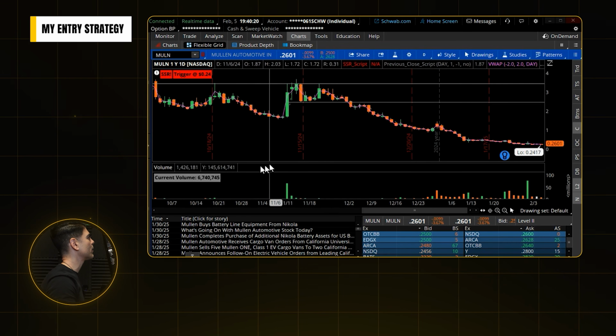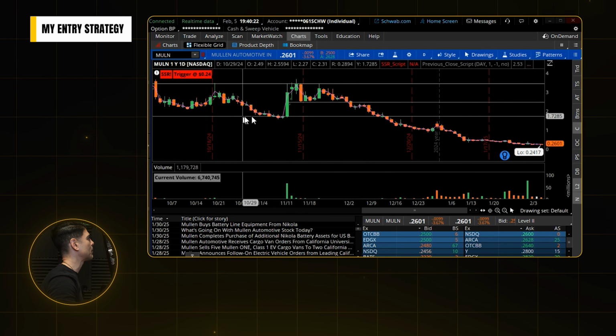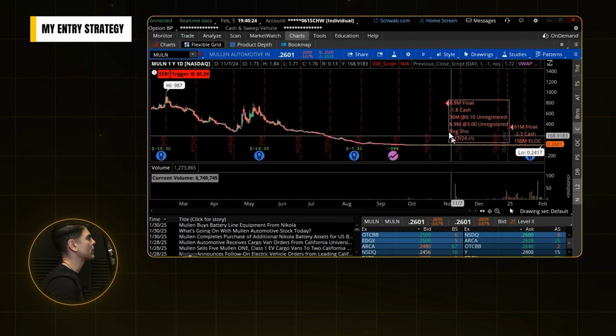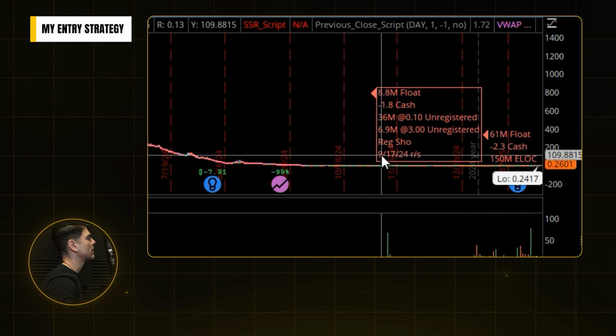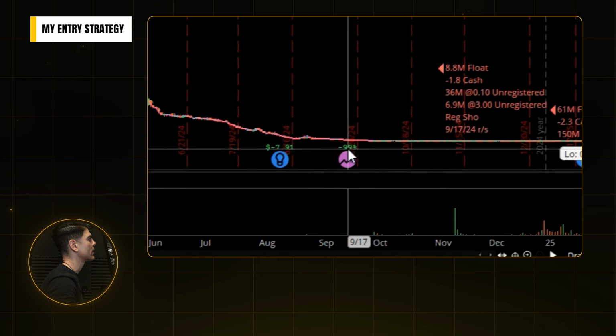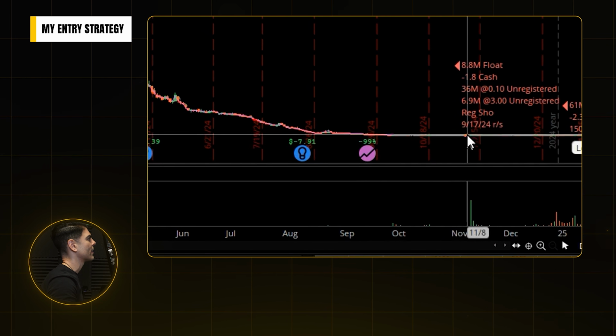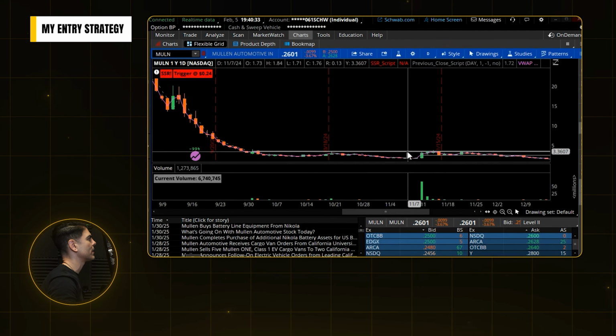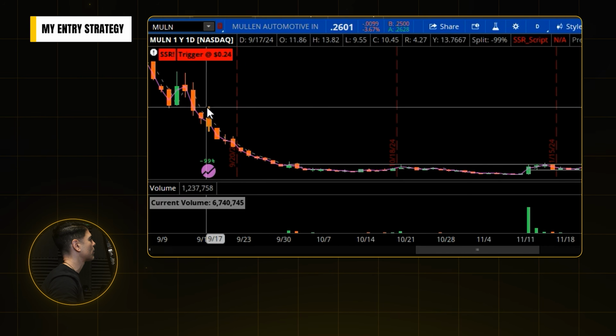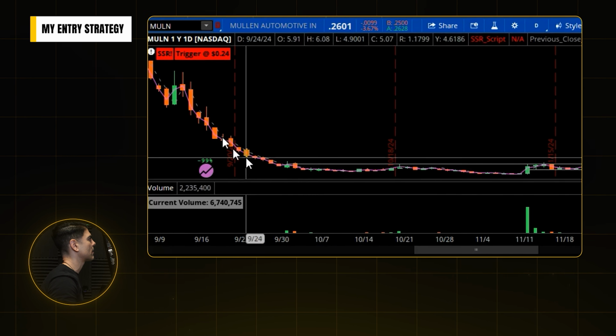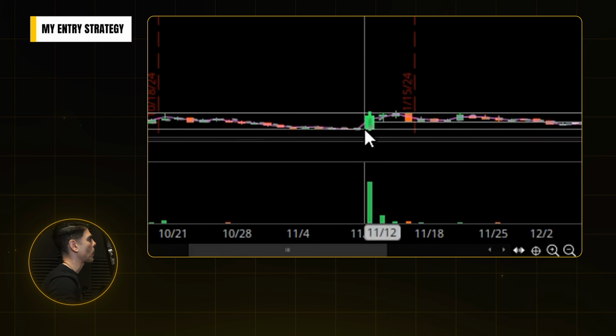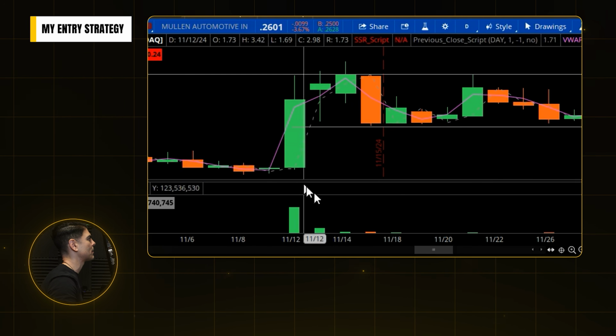Okay, so with MULN, the way I'll time my entry is, for example, here we had the reverse split in September 2024. That's right here. Now, if you look back over here, it was just falling nonstop until November. Then in November, we had the opportunity.